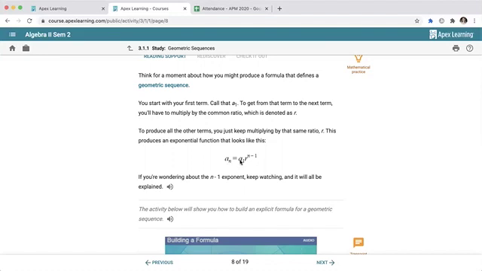We're going to have a1 times r, which is our ratio, to the power of n minus 1. It has the same parts as our other sequence, but now we're not doing addition, we're doing multiplication, raising it to a power. So our equation has shifted: we have our a1 factor multiplied by our ratio to the power of n minus 1.